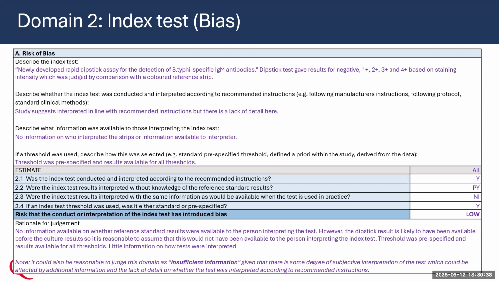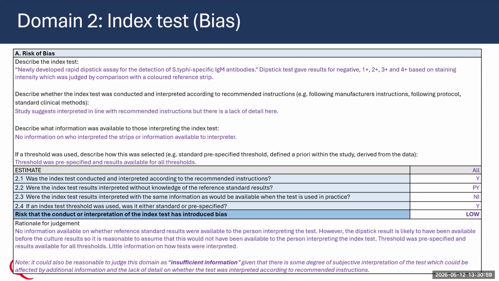Describe whether the index test was conducted and interpreted according to recommended instructions. And I don't think we had a lot of detail, but generally the study suggests it probably was performed in line with recommended instructions. Describe what information was available to those interpreting the index test. So we haven't got any information on that. And if a threshold was used, describe how this was selected.